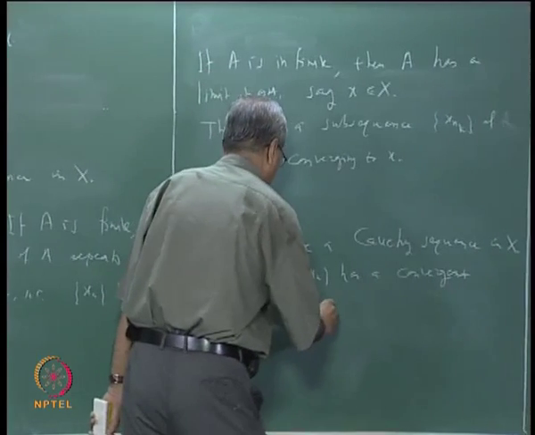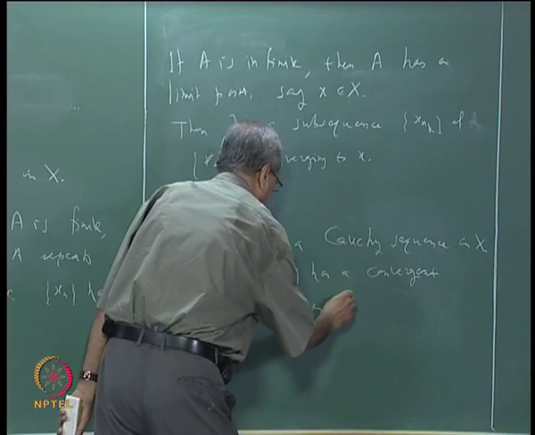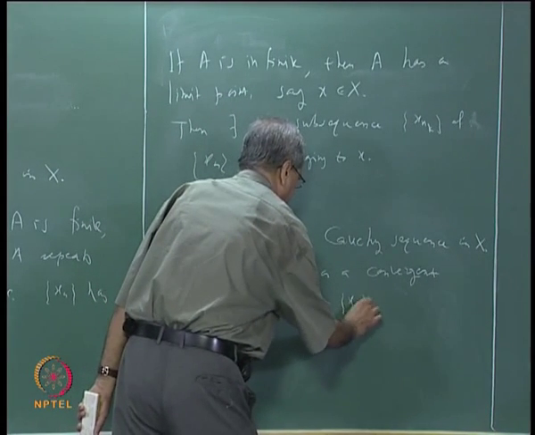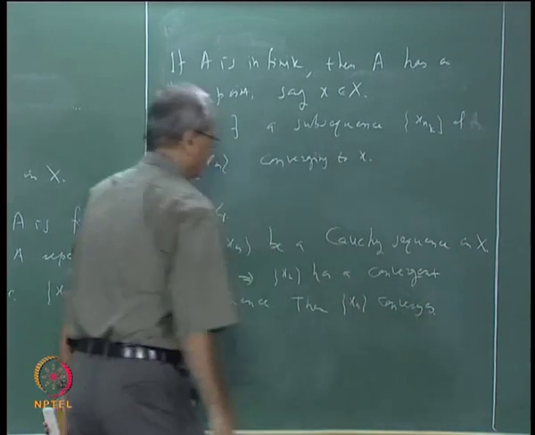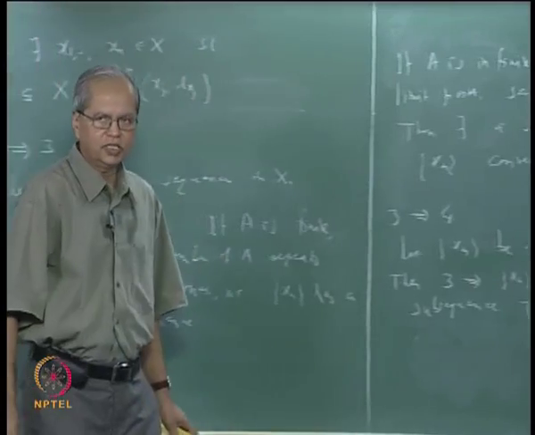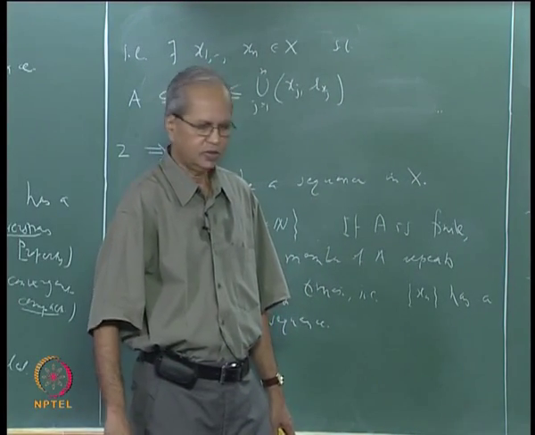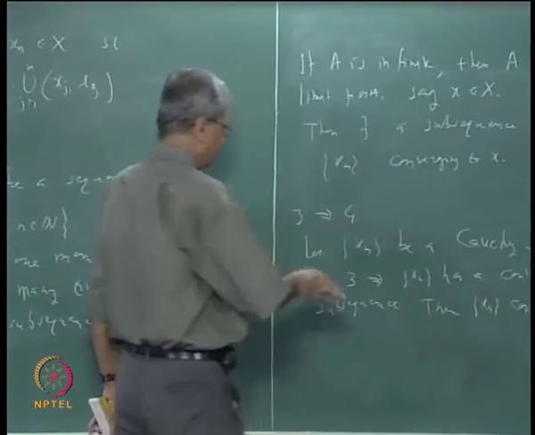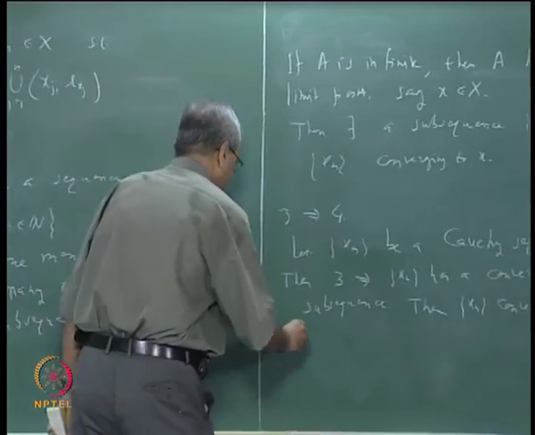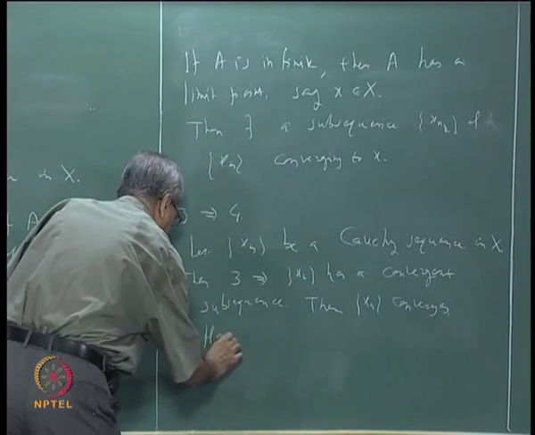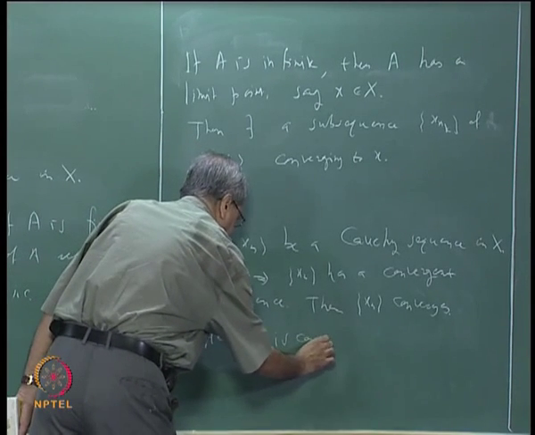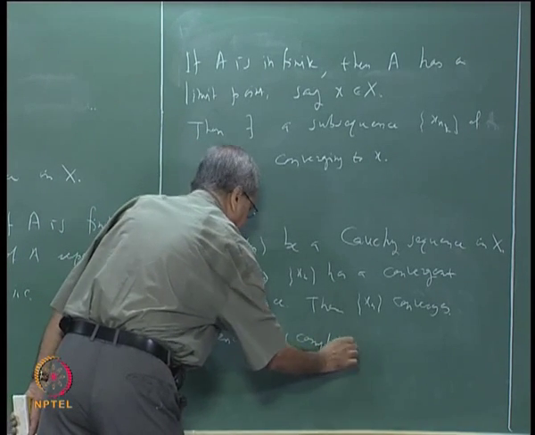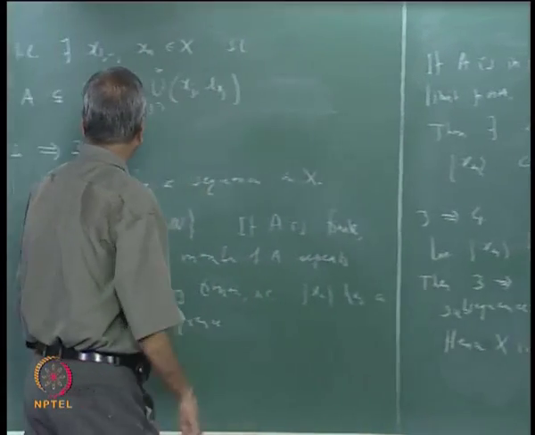So then xn itself converges. So this shows that X is complete. We have shown that every Cauchy sequence is convergent, hence X is complete.